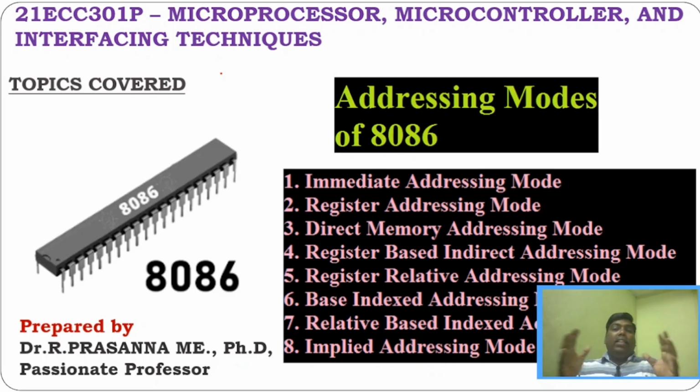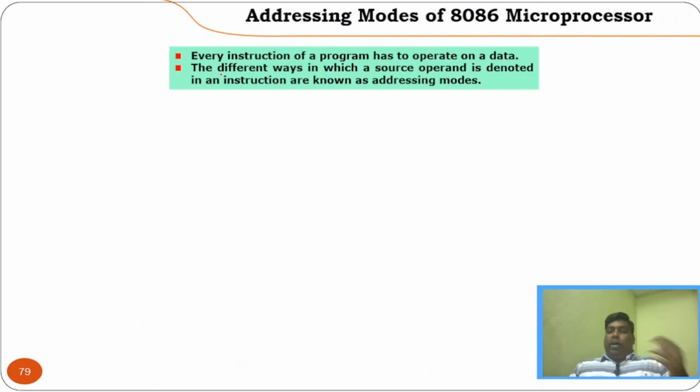So we will see all these different types of addressing in 8086. We have already seen the different addressing modes of 8051, which is very similar, but we have more addressing modes in 8086. This addressing mode is the different ways that the source operand can be represented in the instruction.